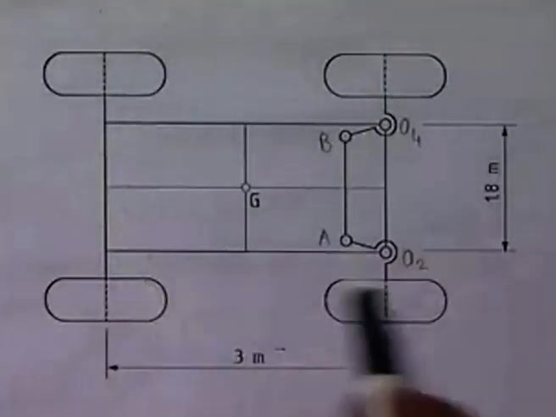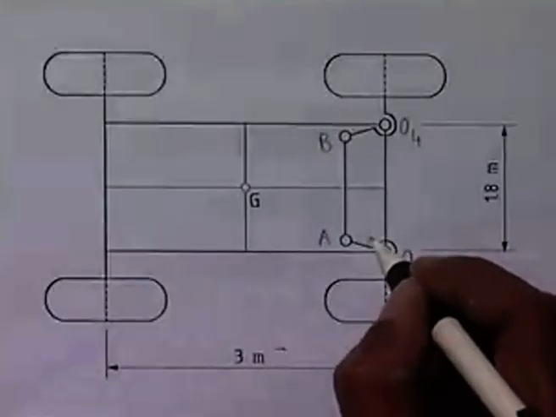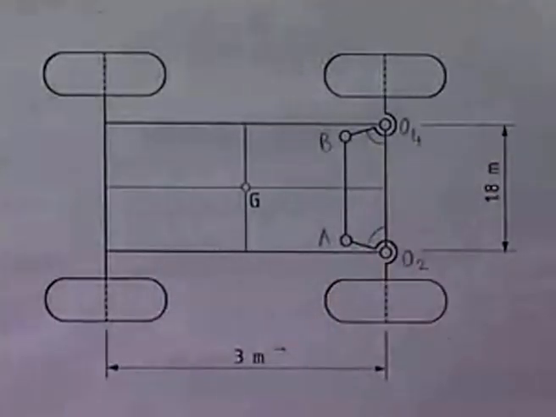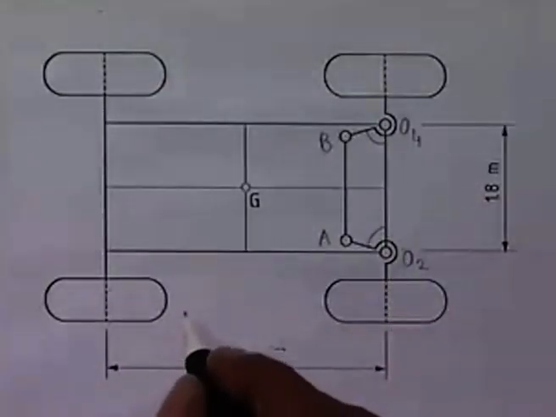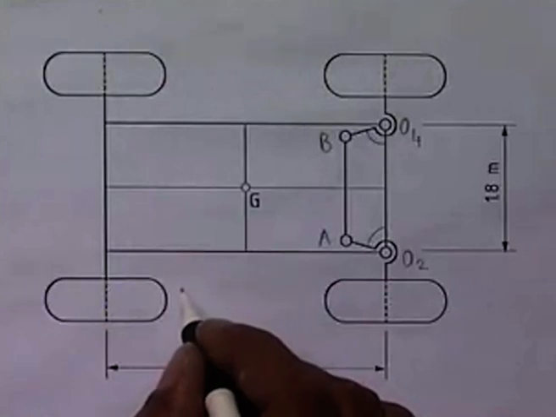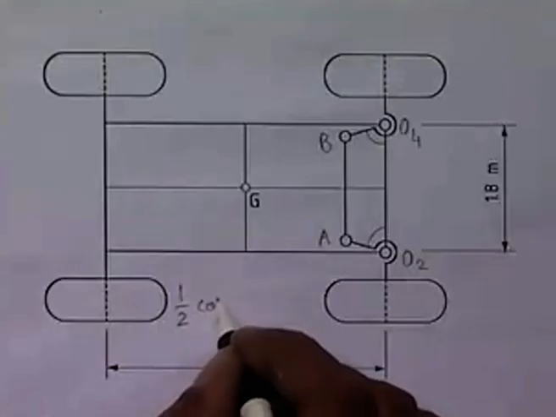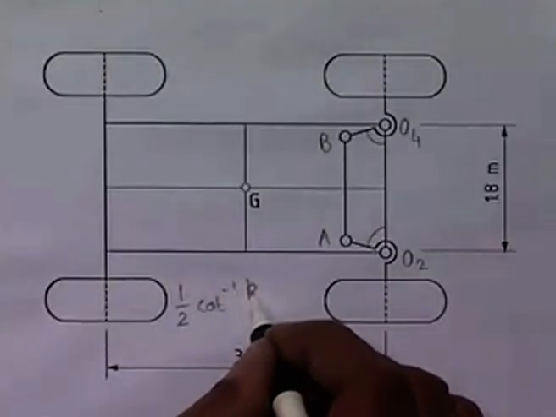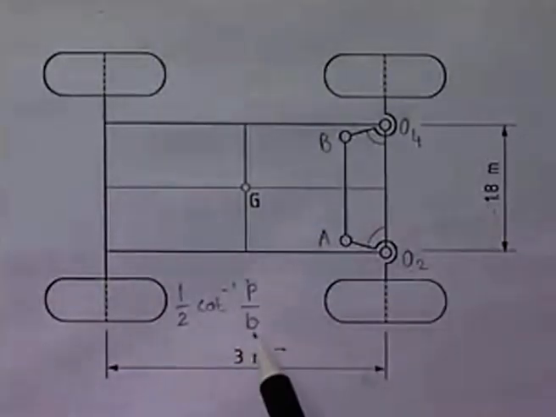And in the state configuration, the linkage has to be symmetrical, that is, this angle must be equal to this angle. If you remember the Davis steering gear, this angle, which we called alpha at that time, turned out to be half of cot inverse P by B. Here P is 1.8 meter and B is 3 meter.